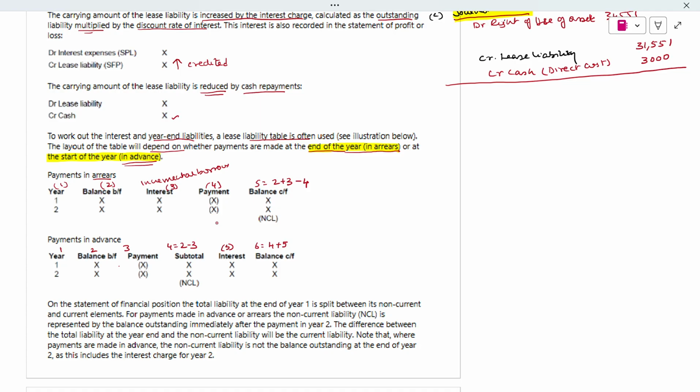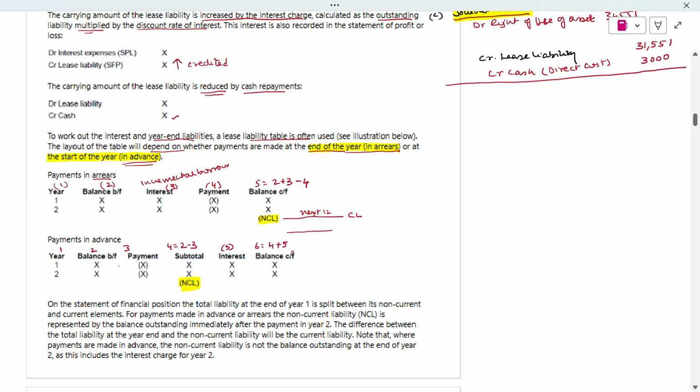Now, this is where we are talking about the classification. This is very important. In every other chapter, wherever there is a classification, it makes sense. If you are paying in the next 12 months, it will be current liability.